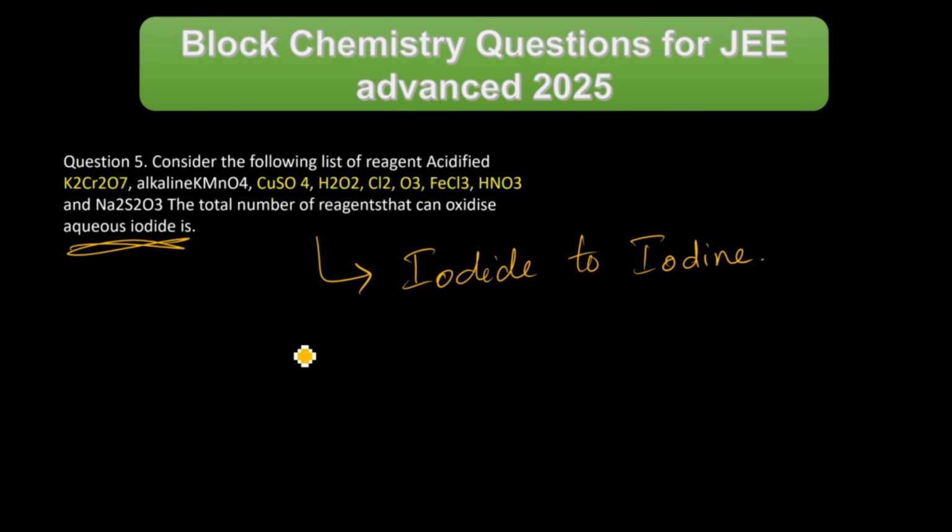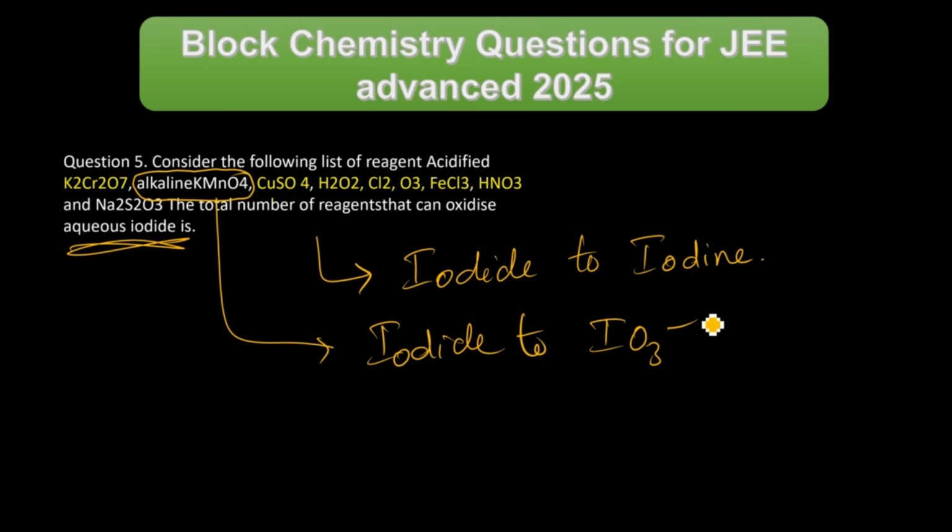Okay, so the alkaline KMnO4, what will happen to this? If I'm taking alkaline KMnO4, this oxidizes iodide to IO3 minus. And there will be no reaction between aqueous iodide and sodium thiosulfate.